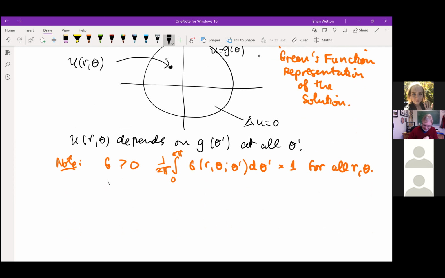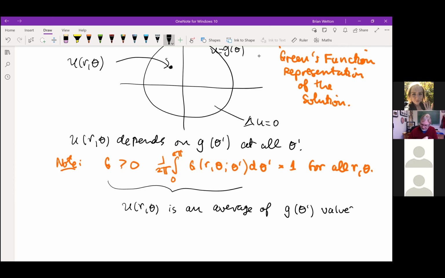And what this tells you is u of r and theta is an average of g of theta prime values. So at every point I have a weighted average of g of theta values.